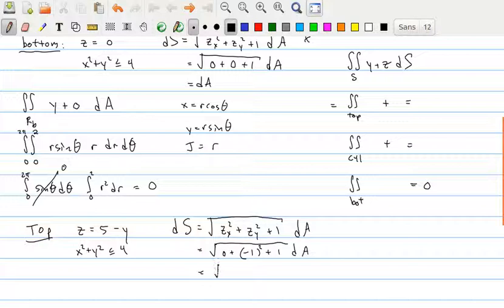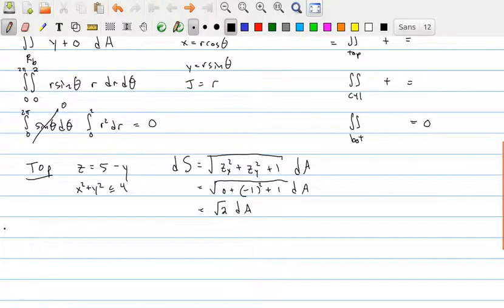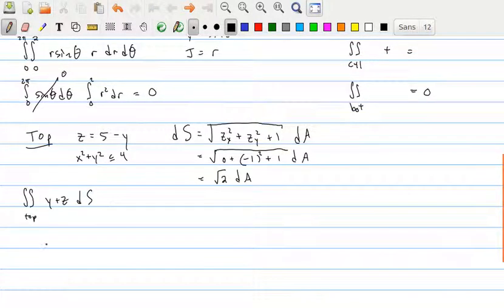So for our dS, this gives us radical 2 dA. Now that we've got this set up, we're ready to write down our integral. The double integral over the top of y plus z dS, let's plug in our function and all the information we have right now.